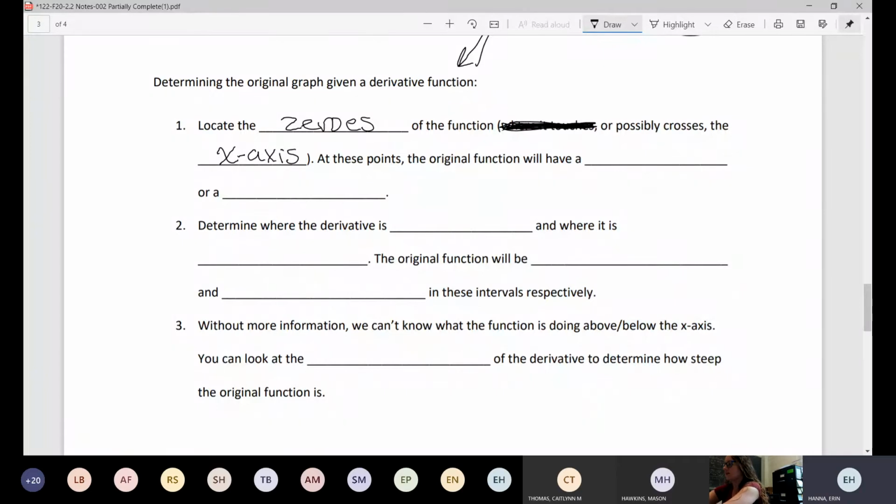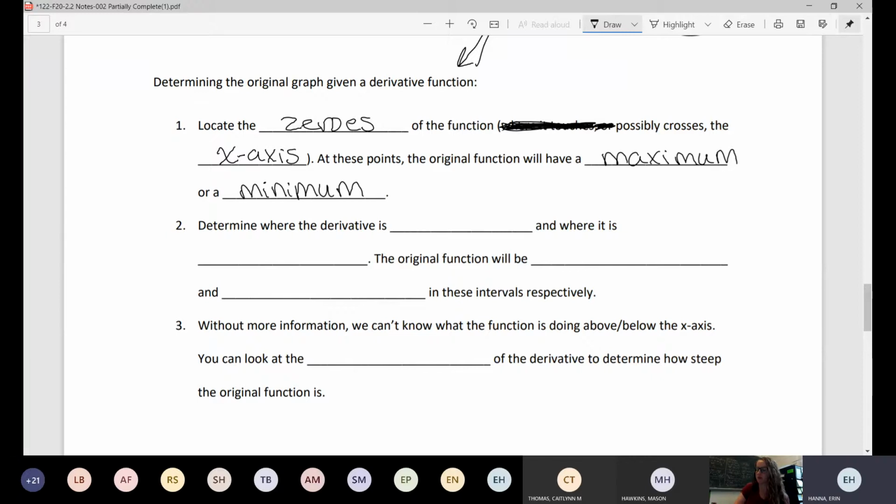Oh, yay! It just seems to be a bug sometimes. Okay, so we're going to locate the zeros of the function, and we're going to focus on where it actually crosses the x-axis. Those are points of interest, but not the ones that are actually going to tell us anything important. So at these points, the original function is going to have either a maximum or a minimum.